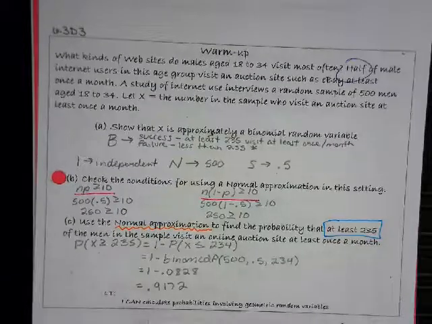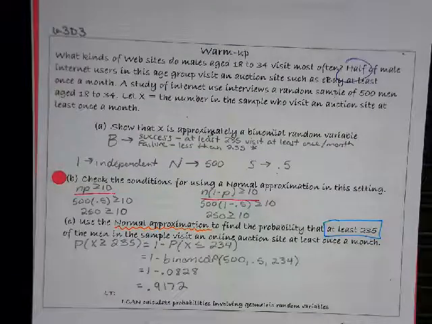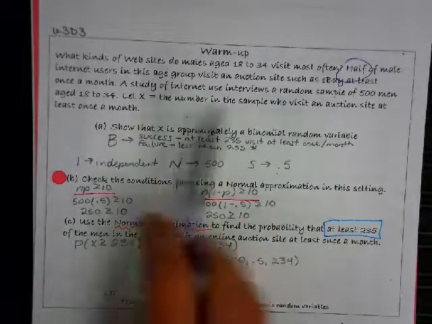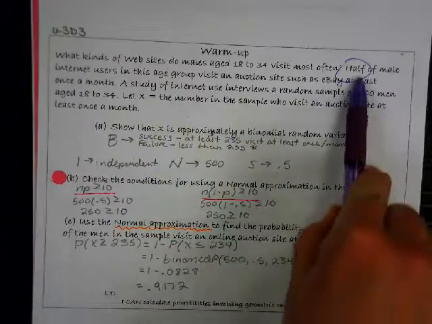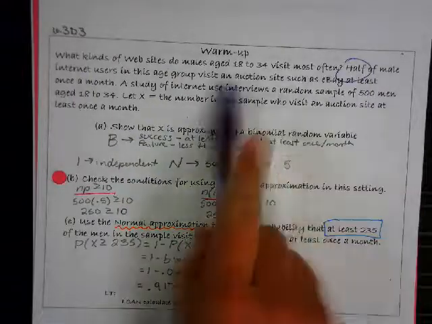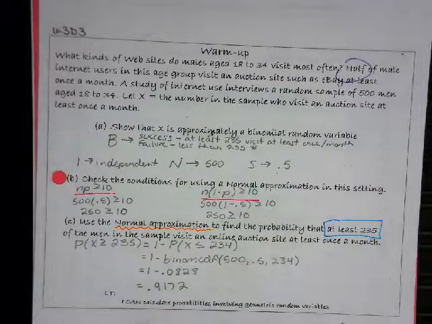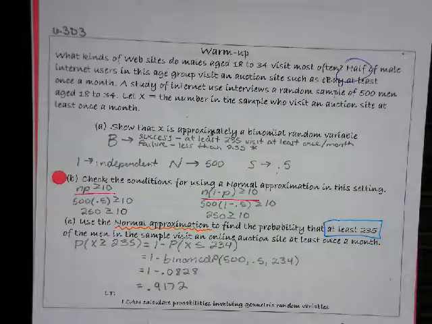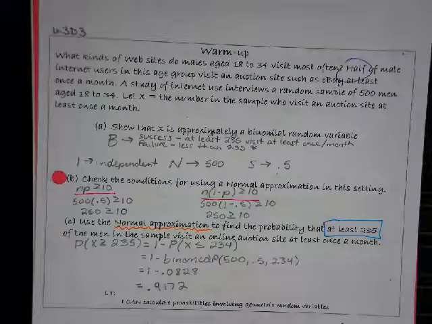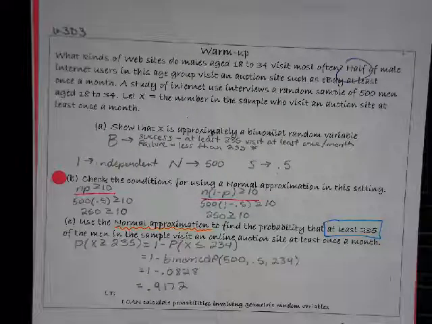I wouldn't say you're trying to prove. You have a sample, and it showed that half of the male internet users visit an auction site. And then if we take, let's say, it doesn't specify, but let's say we're looking at the whole population, which obviously we can't.